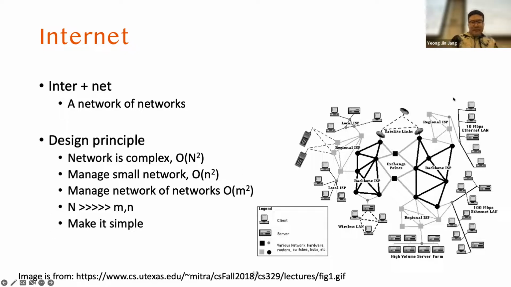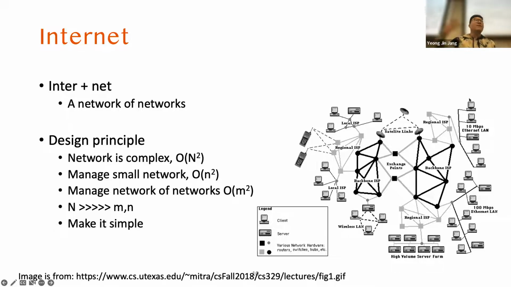But let's take a look at the structure of the internet, at this part. On the right side, there is a small 10 Mbps Ethernet LAN. This is actually the router, and it has 4 computers.